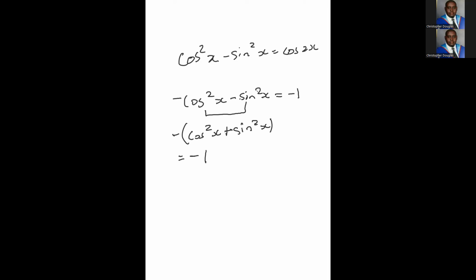The other formula was what? 2 cos squared x minus 1, or 1 minus 2 sine squared x, or theta, or whatever other stuff that they give you.